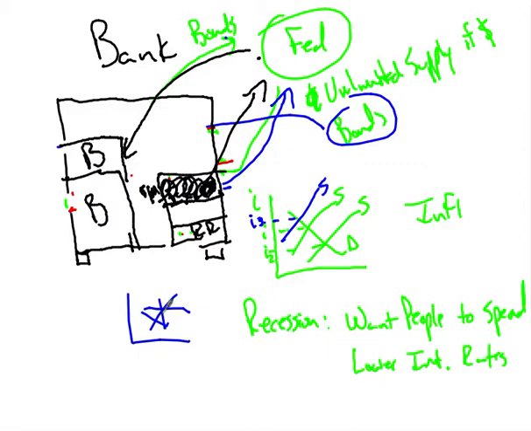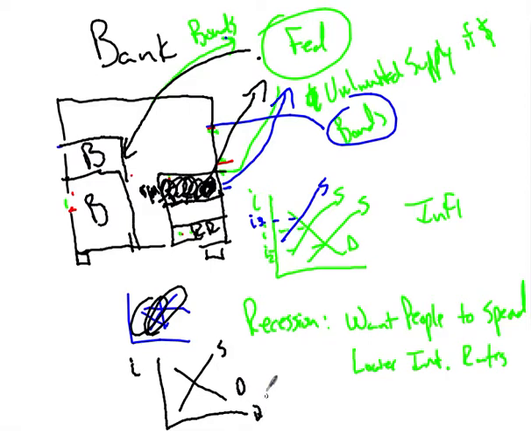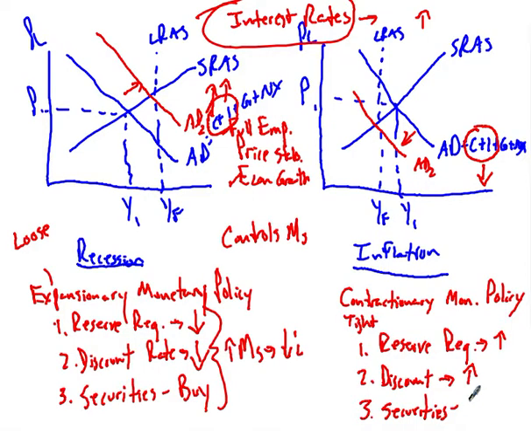And so now we have, again, if this is our supply and demand for money, it's the interest rate. All right, and so if this just happened, what happened to the amount of excess reserves? It went down, so the supply of money went down, so the interest rate went up, like that. And if the interest rates go up, then people are less likely to spend money. All right, and so we would say that they would sell securities over here. All right, and remember this all gets down to what happens to the supply of money.